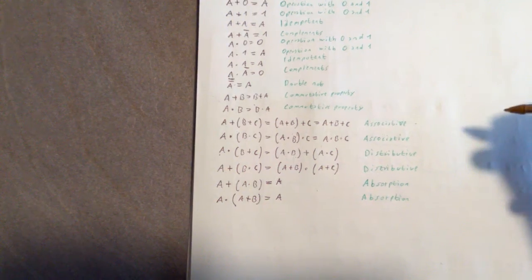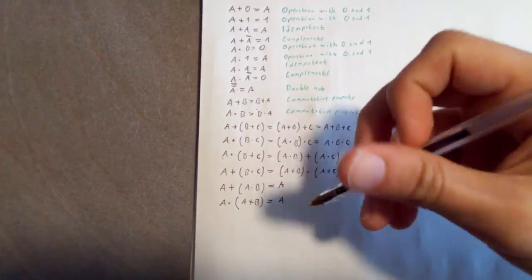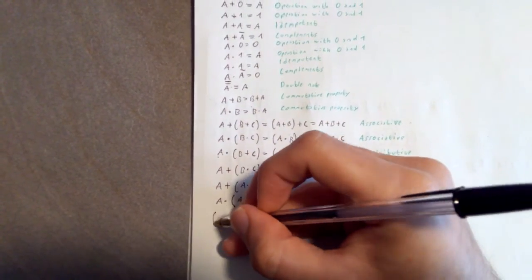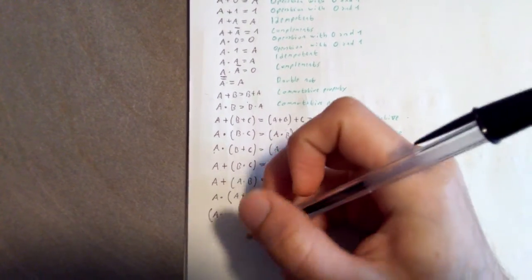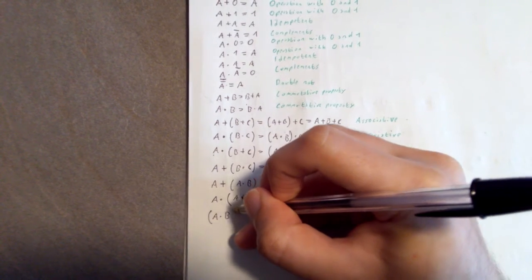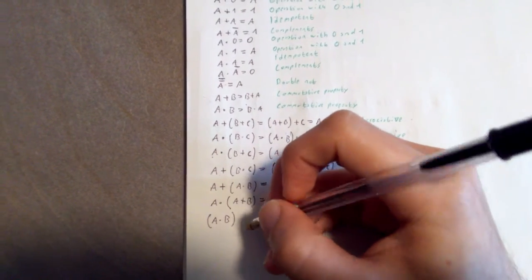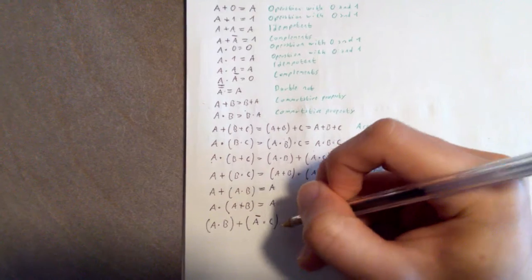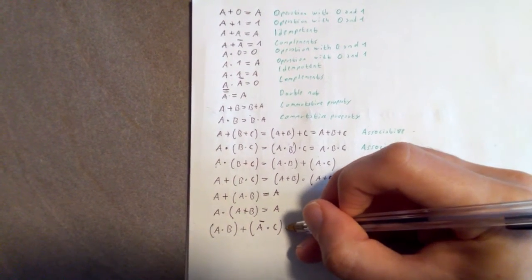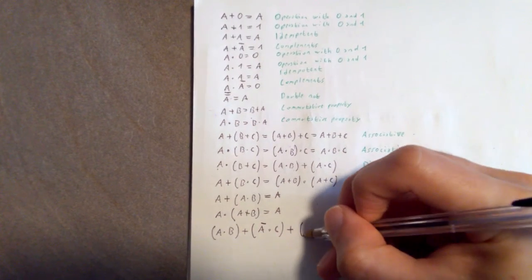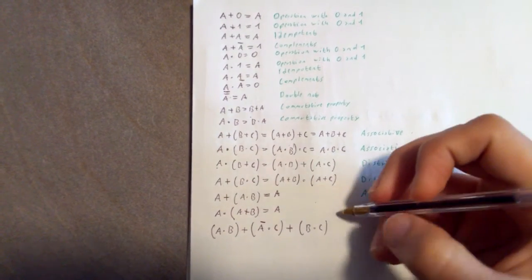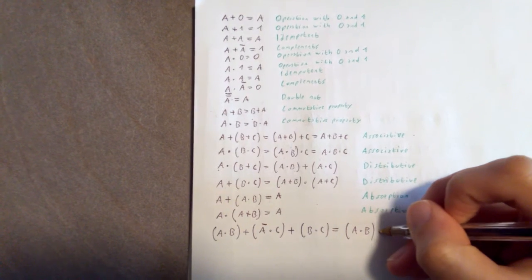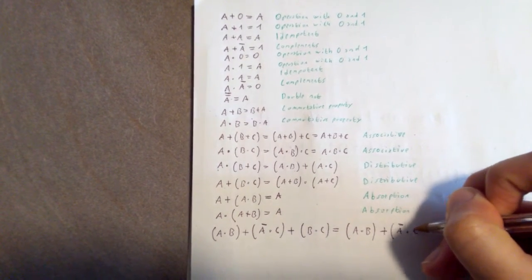Again, there are other properties. You have the consensus property, which is that if you basically have a times b plus a naught times c plus b times c, this is equal to a times b plus a naught times c.